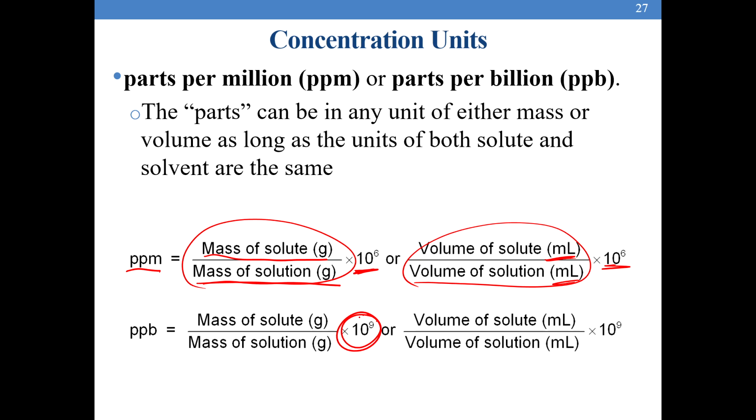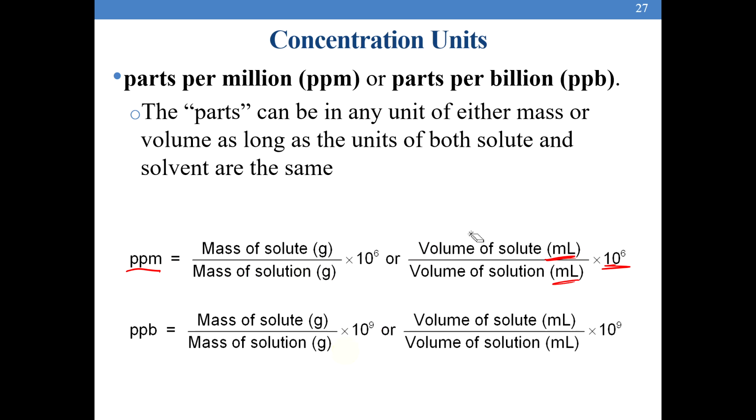This would be important in an environmental sense. I know there was a city in Michigan that had too much lead. Lead is not good for you to consume, to eat or drink, and they had a certain amount of lead in their water. The news actually reported it. I can't remember if it was in parts per million or parts per billion. Another example would be if you're eating fish.